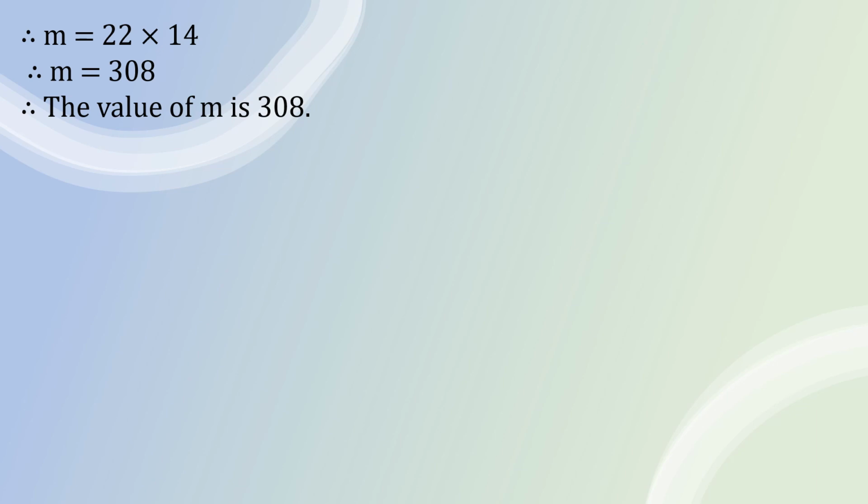So m equals 22 into 14. I've just substituted the value of n. So m equals 22, we got the constant value, into n, given as 14. So we'll multiply. So we'll get the m value as 308. So the value of m is 308.